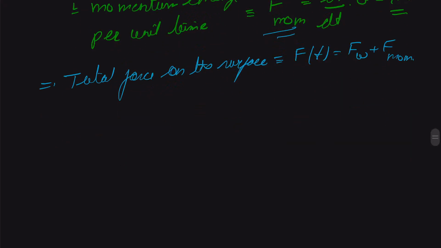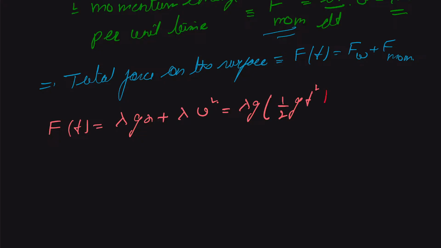So we substitute them, we get our F of t will be equal to lambda g x plus lambda times v square. And x we already know is half g t square, and v is g t. So we substitute them, we get lambda g times half g t square plus lambda times g square t square.